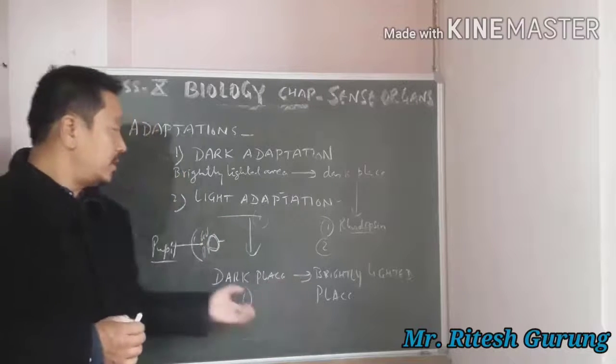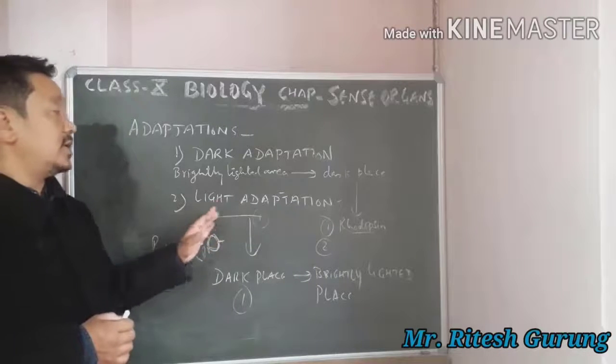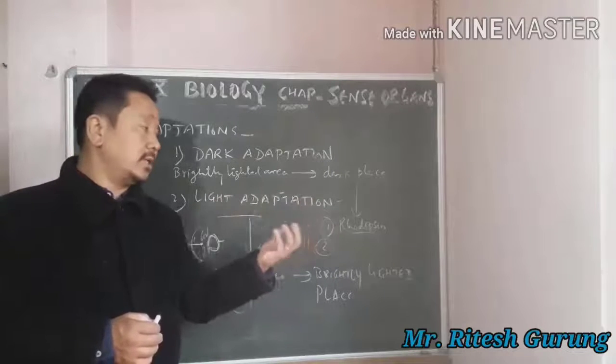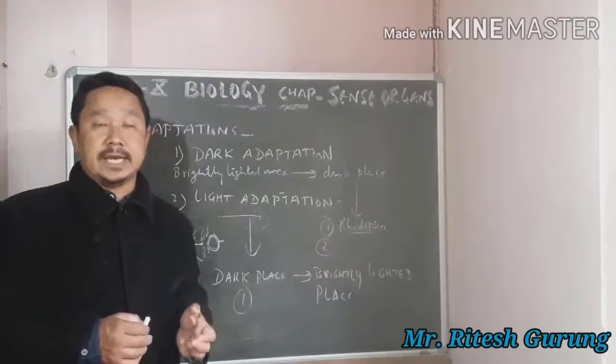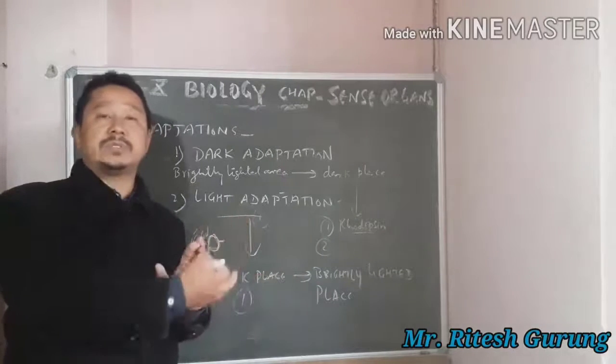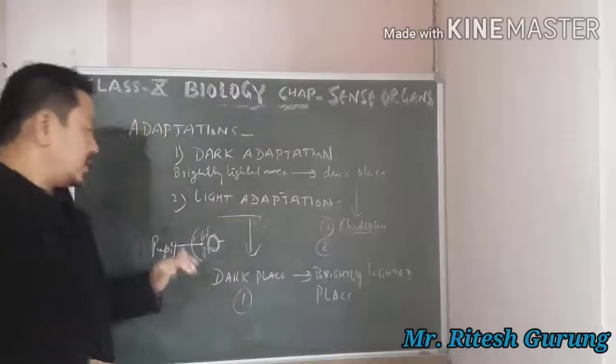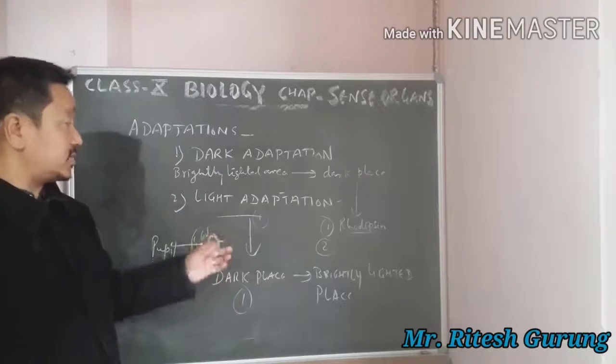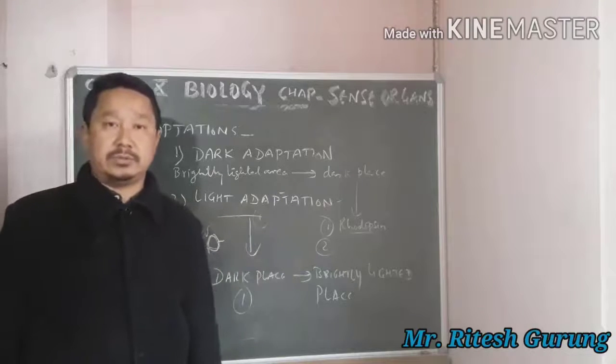That way you will adjust to the brightly lighted area after some time when you all of a sudden come from the dark place. So this is called light adaptation.